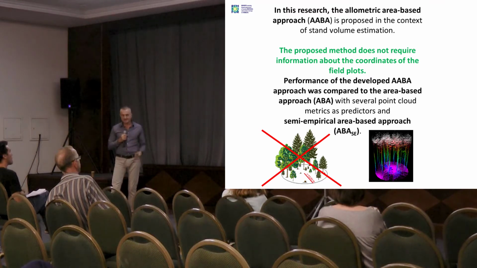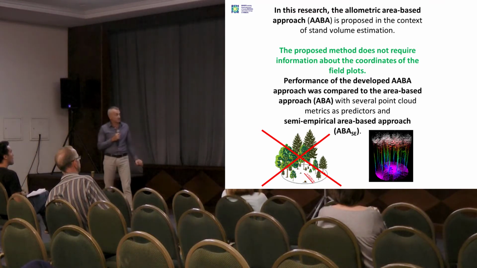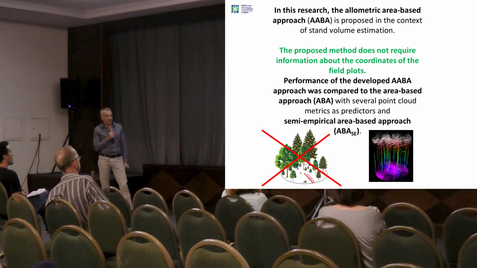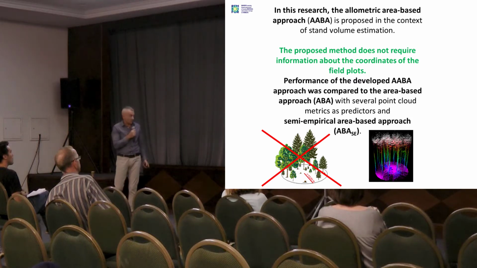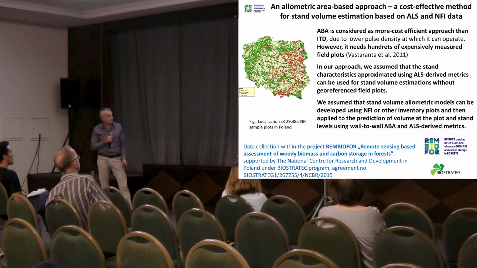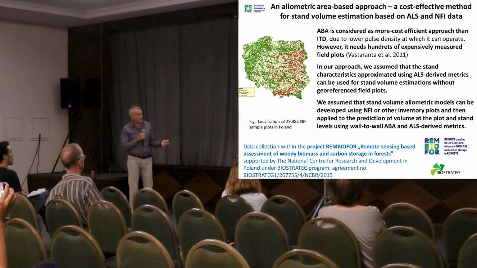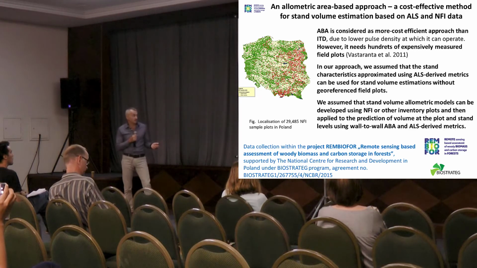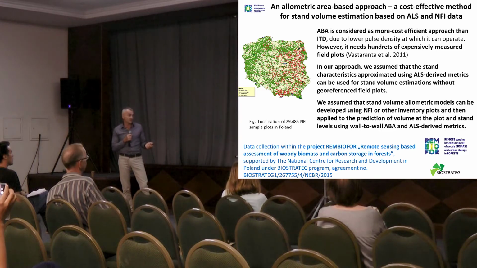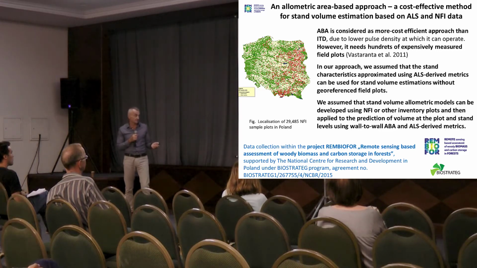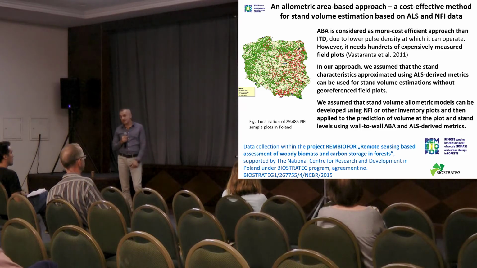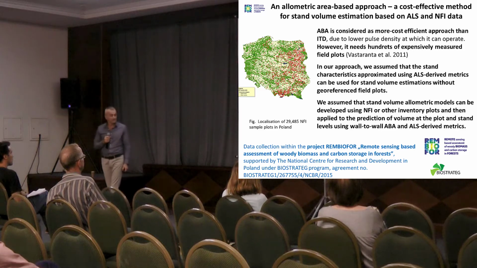This approach does not require information about coordinates of sample plots. We assume that stand characteristics approximated using ALS metrics can be used for stand volume estimation without georeferenced field plots.